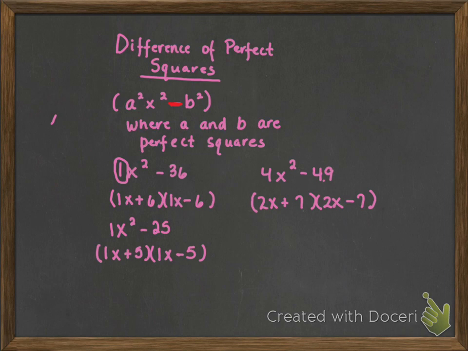There may also be an instance here where you've got something like 2x squared minus 242. Now looking at that, 2 is not a perfect square, and neither is 242.